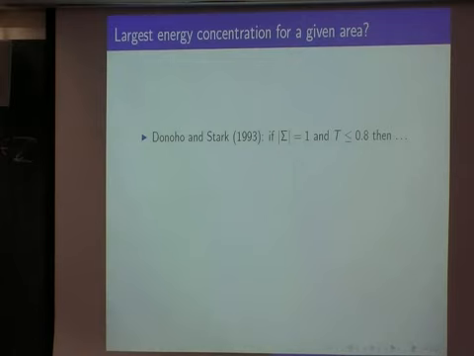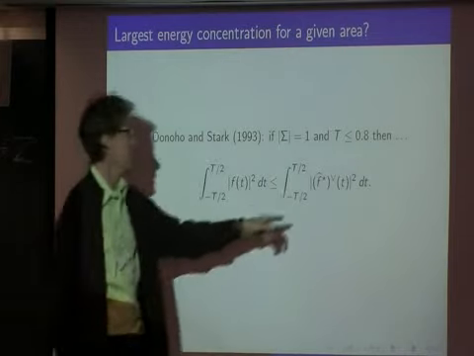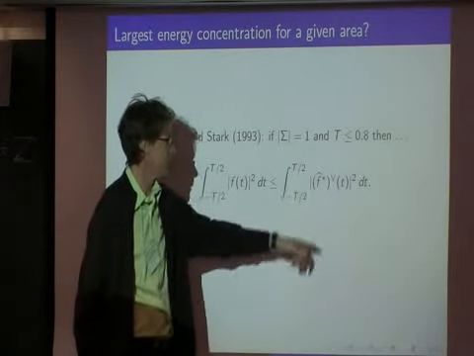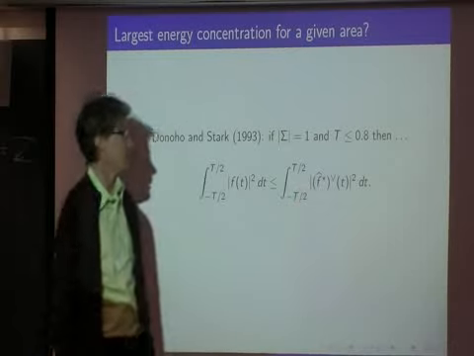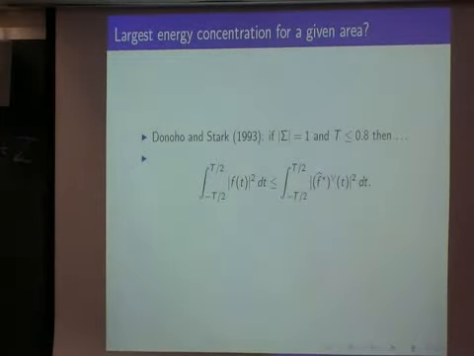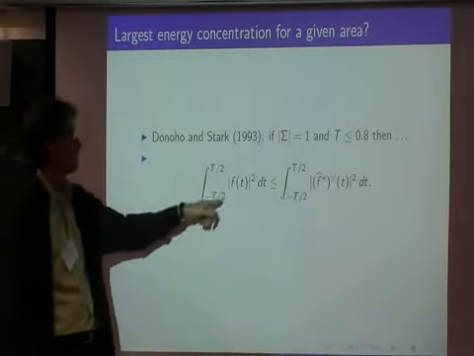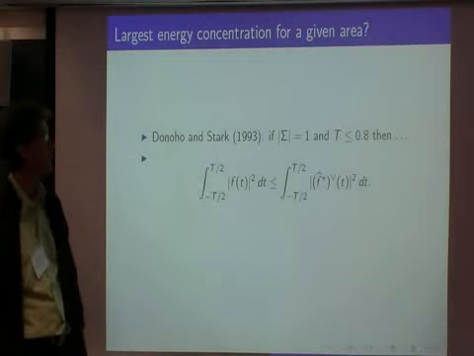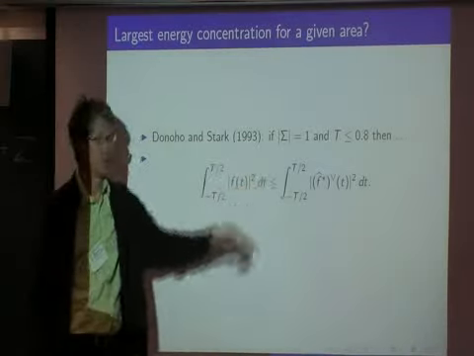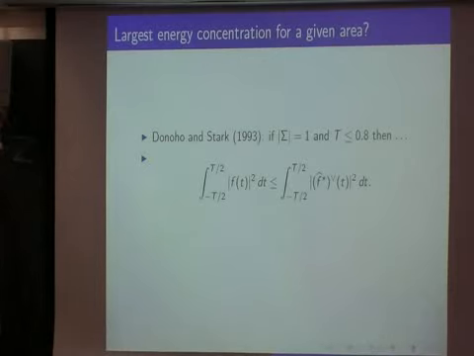And if the time interval is not too big, 0.8, then you've got this inequality, an inequality for rearrangements. This is called the equimeasurable decreasing rearrangement of the Fourier transform. So what I'm looking at is how much of the energy of F is between minus T over 2 and T over 2 if F is frequency supported in sigma.